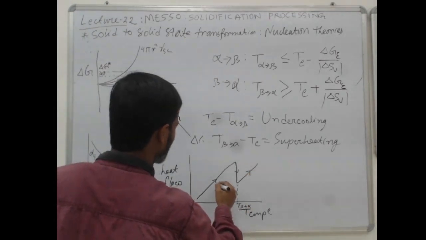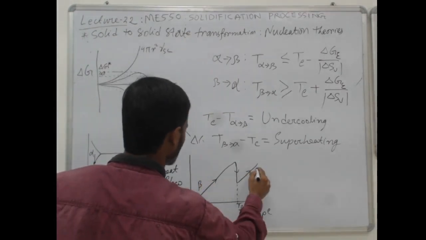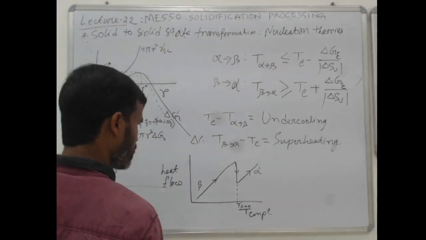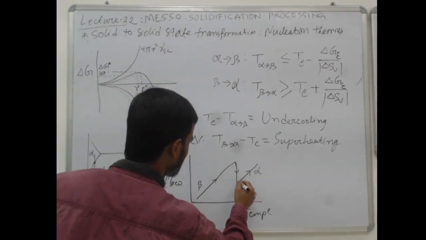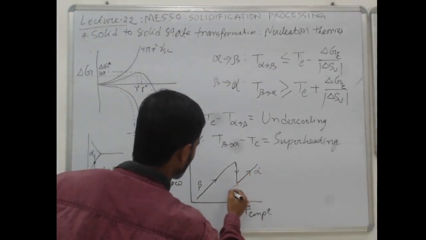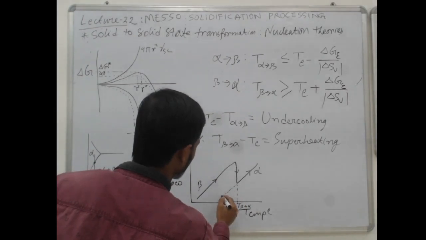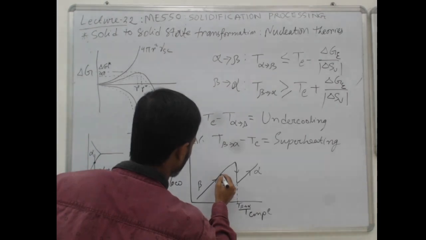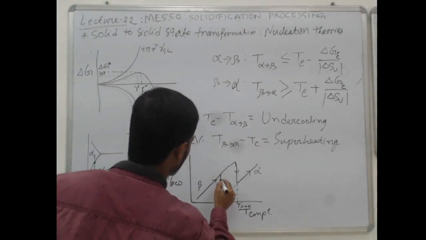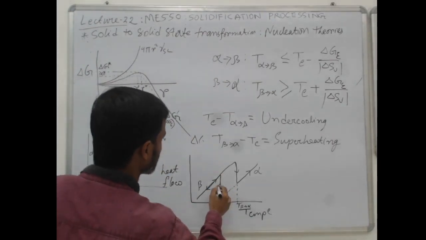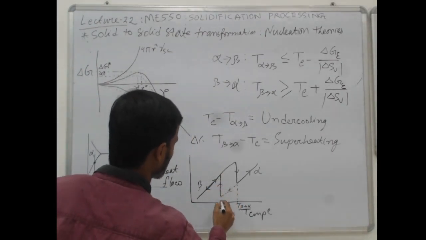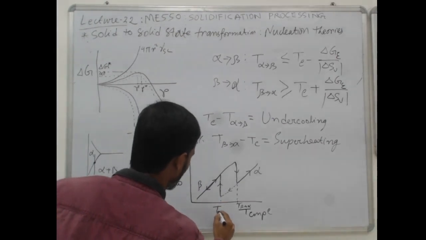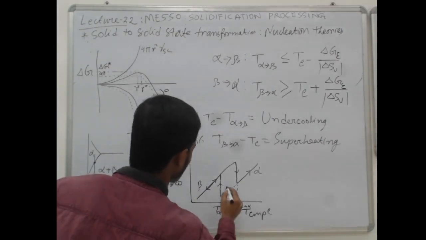Now from beta phase you go to alpha phase. If you have alpha phase and bring the temperature down, after a certain temperature a similar amount of heat will be released and it will come back to beta phase. So this is T alpha to beta.